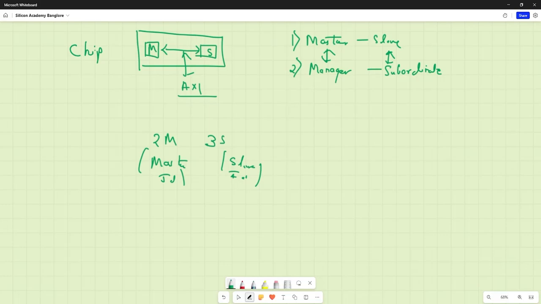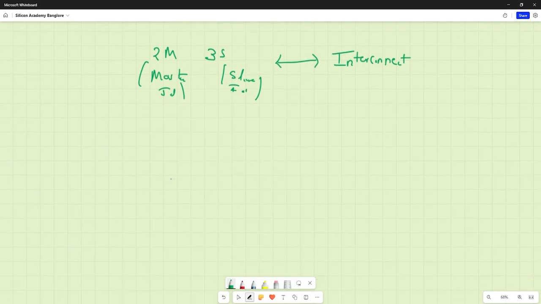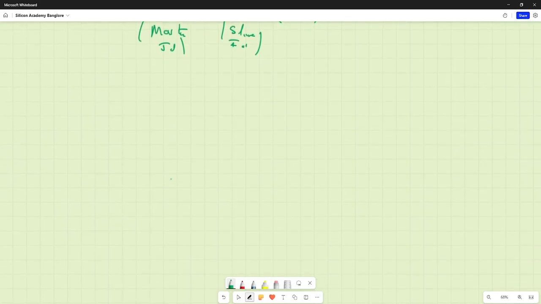The device used for making this connection is known as an interconnect. We'll see how the interconnect uses the master ID and slave ID information. Master ID and slave ID are nothing but identifiers for the masters and the slaves. Suppose this is our interconnect device, represented by IC.